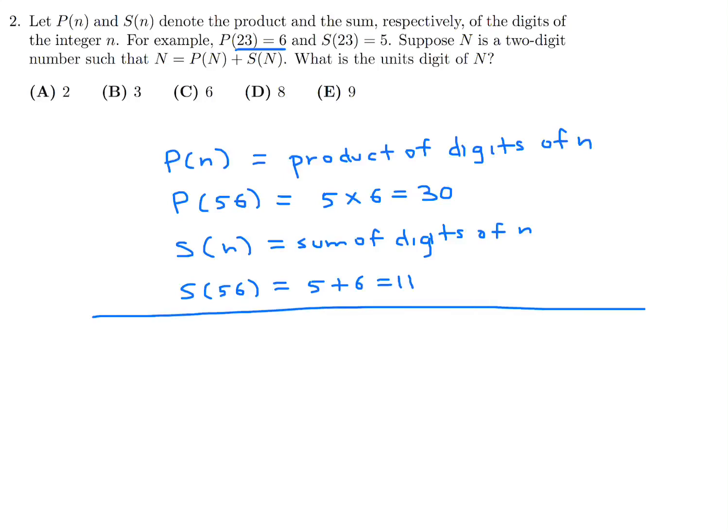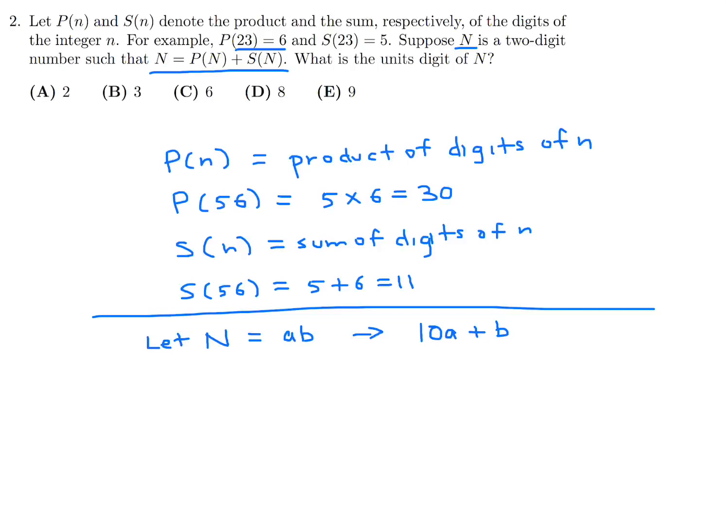So now what they're saying is that you've got a number N, and it's a two-digit number, and n is equal to Pn plus Sn. So I'll let n equal AB, okay? But you have to remember, if it's a number, I have to write it in number form, so it'd be 10a plus b, correct?